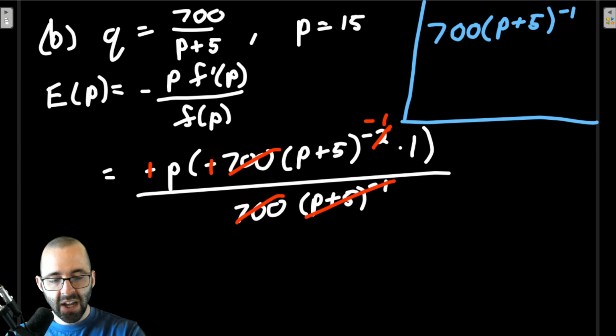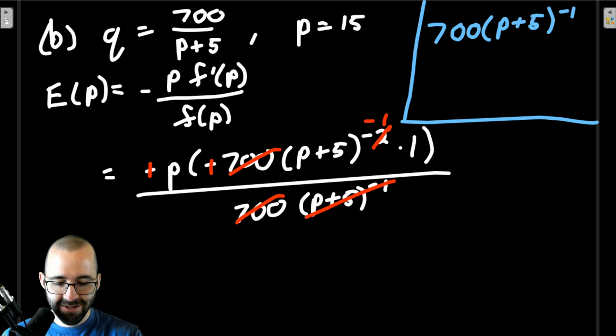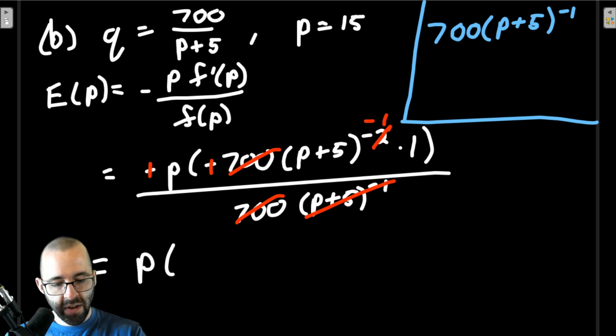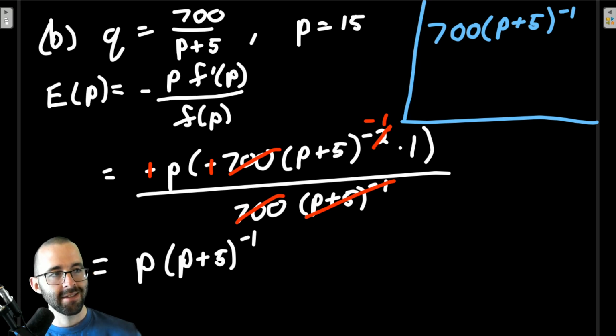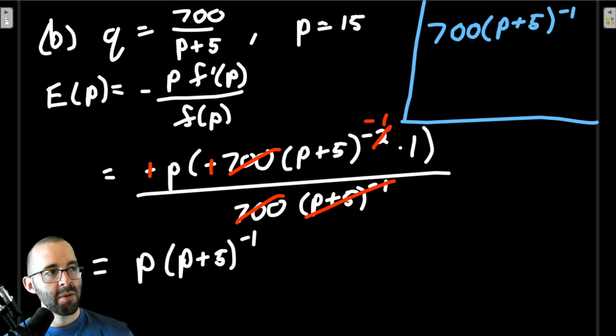We can do a little simplifying. And what's left over? We have a P that's now positive. We have a P plus 5 to the negative 1. I think that's everything that's left over. This is the elasticity of demand function.